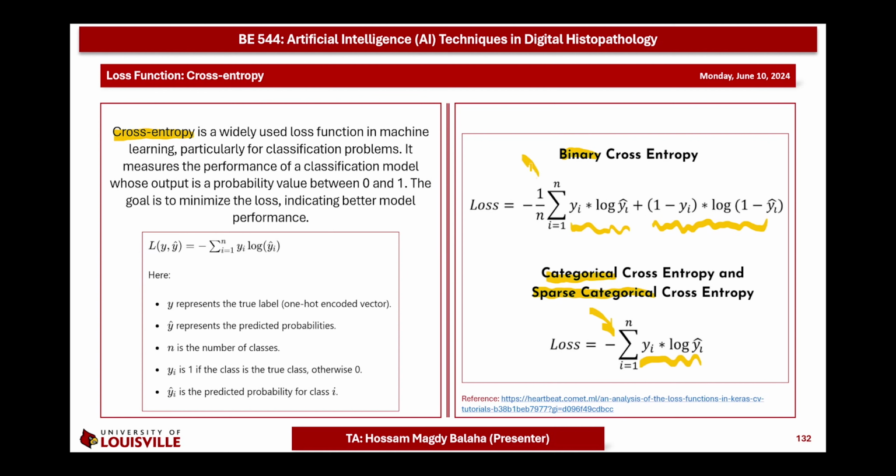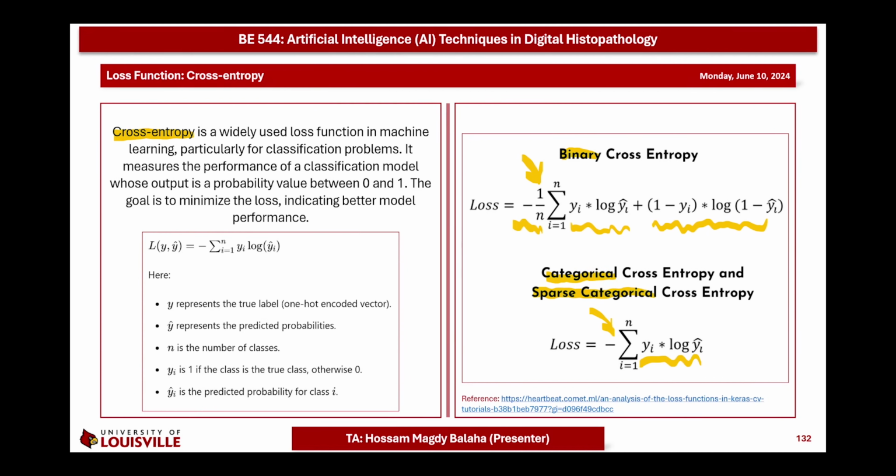The summation here and here indicates that we need to loop over all of the instances in our dataset. So if you have 10 images, we need to loop over each of them and calculate the loss, and then apply averaging to get the average loss among all of these instances.